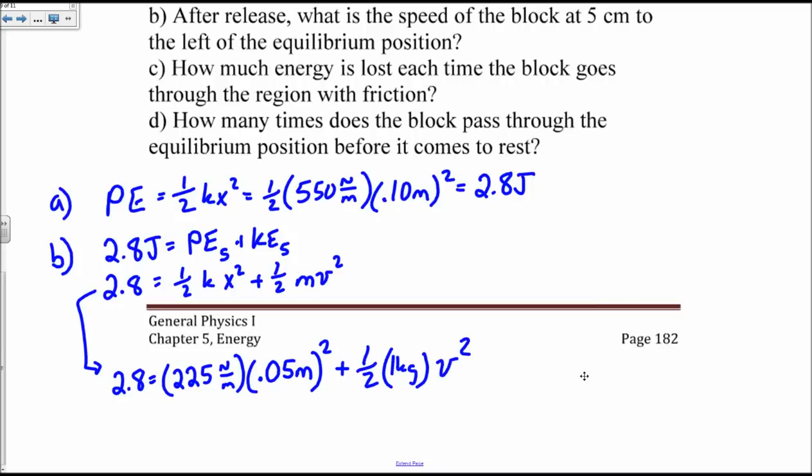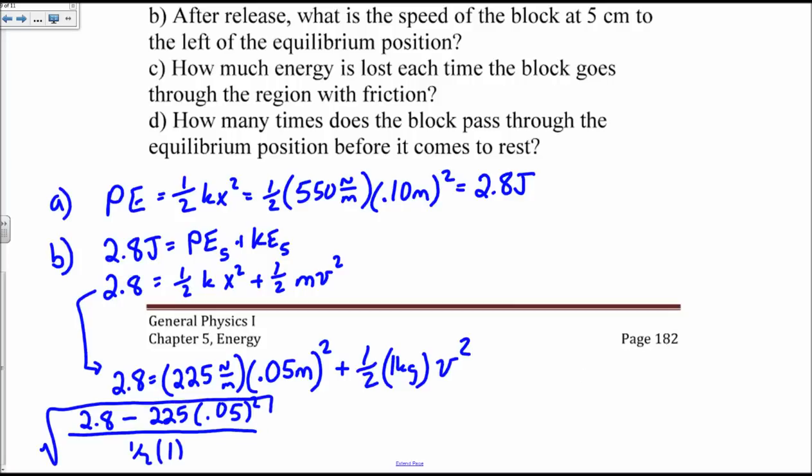All right, if I solve that for the velocity, I get 2.8 minus 225 times 0.05 squared, divided by 1/2 times 1, and then I square root it. I get 2.1 meters per second.